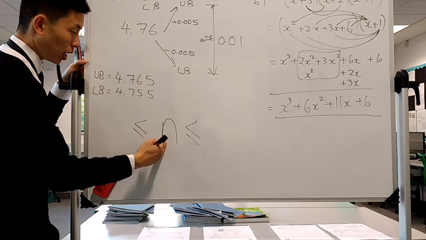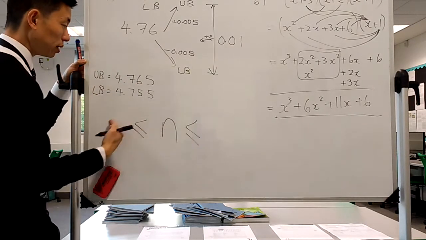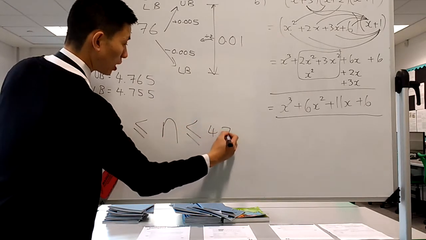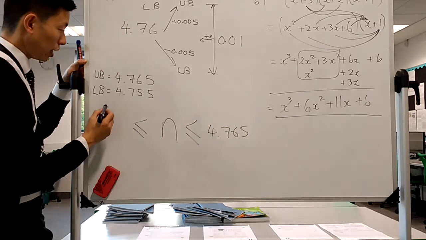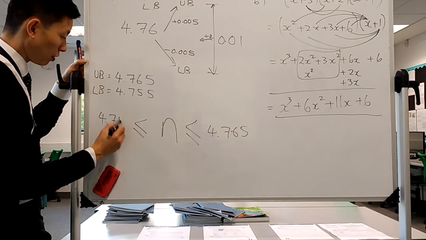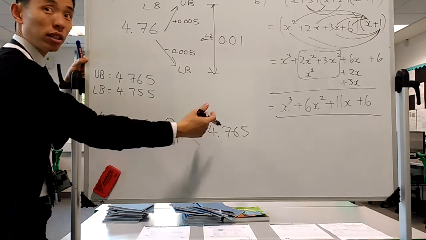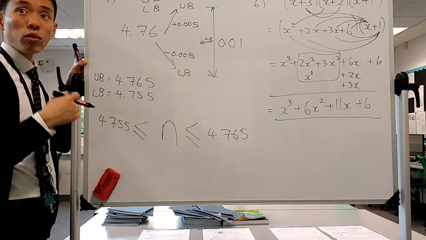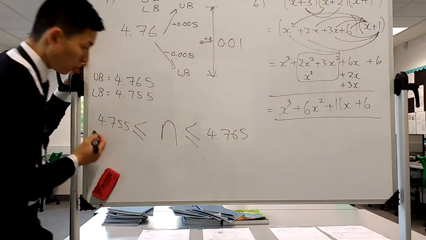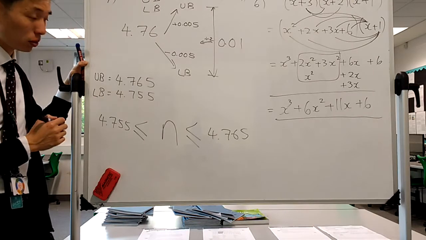The number can be between 4.755 and 4.765 maximum. And that's when the question says, using inequalities, which is a hint, write down the error interval. This is the error interval.